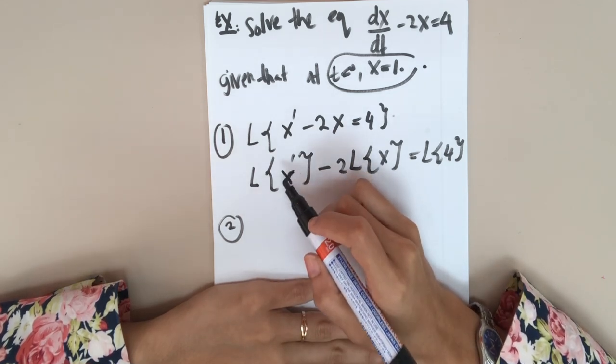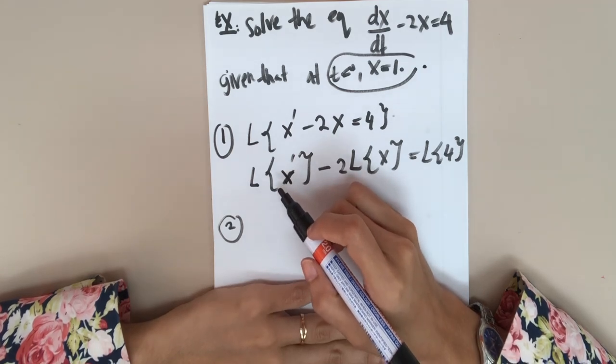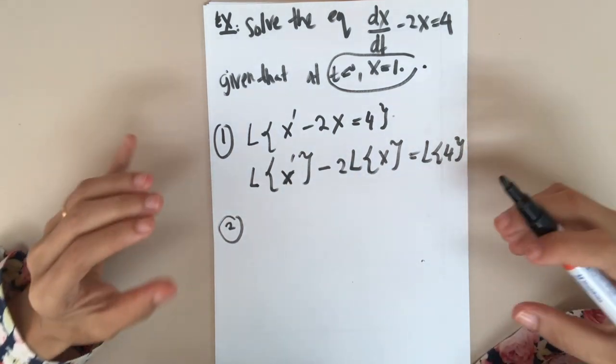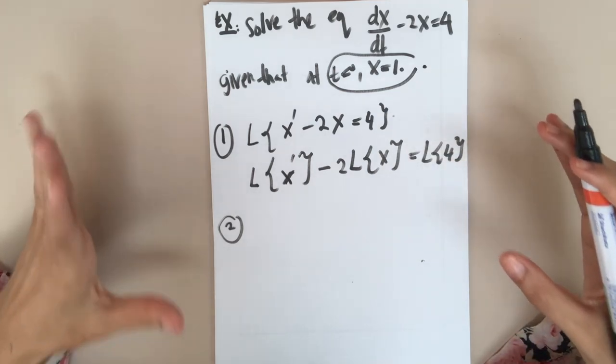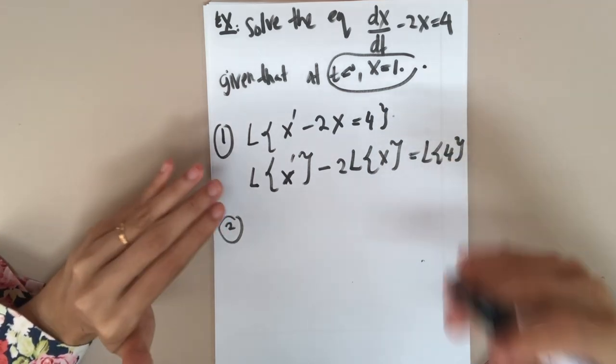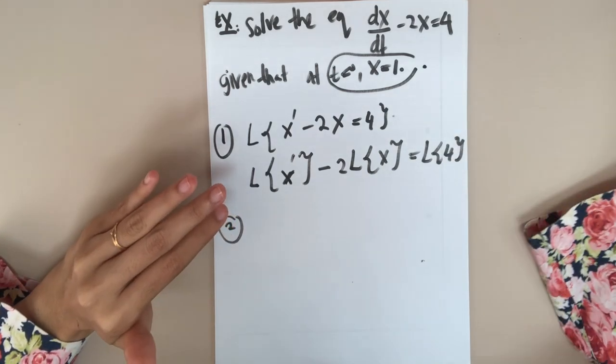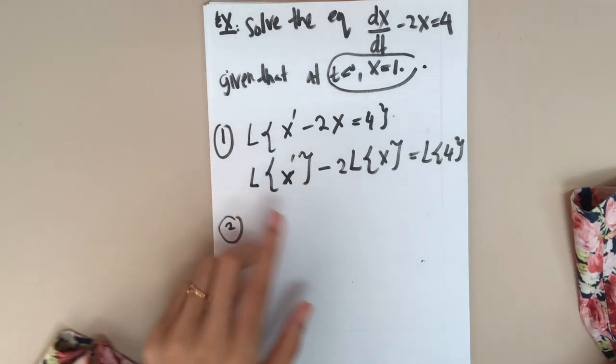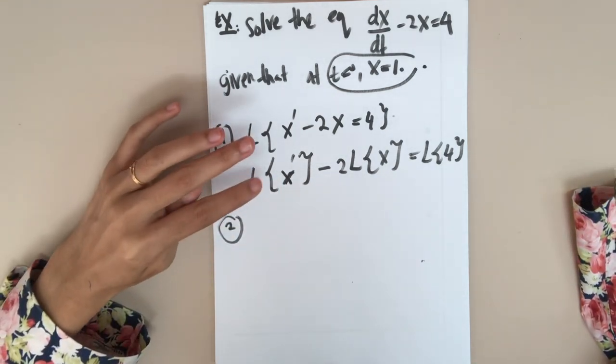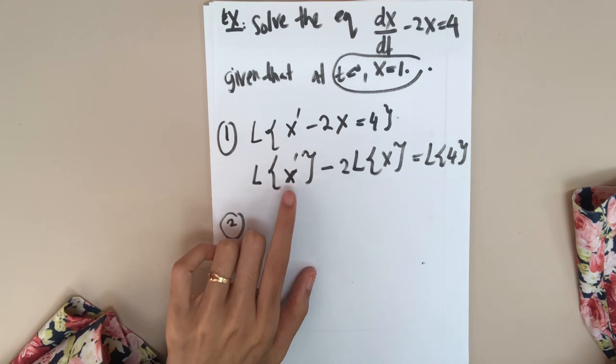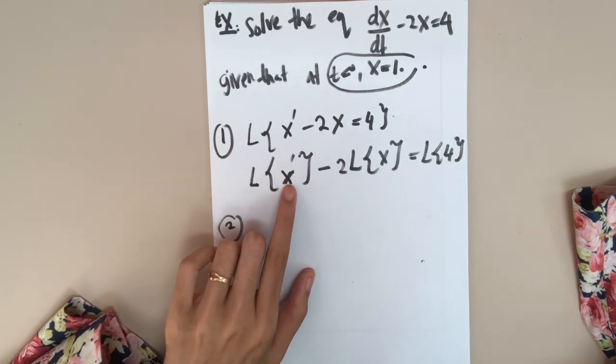I think I missed out one more step in the previous video, so make sure you listen carefully in this video. After you substitute the Laplace transform and so on, you need to substitute also this x prime.